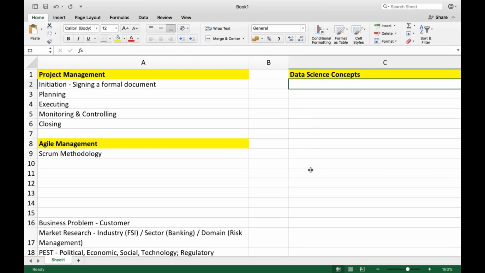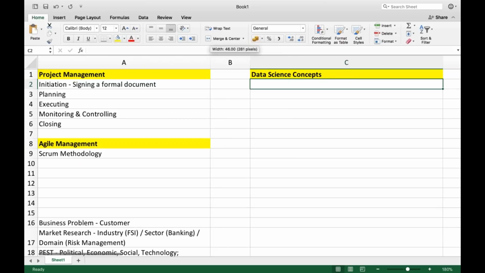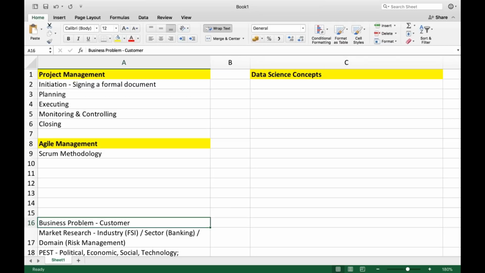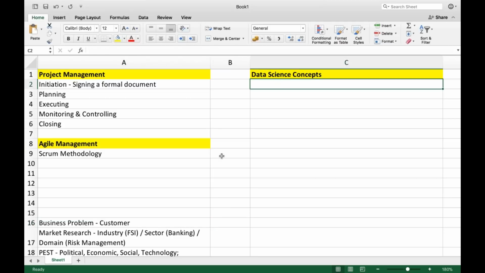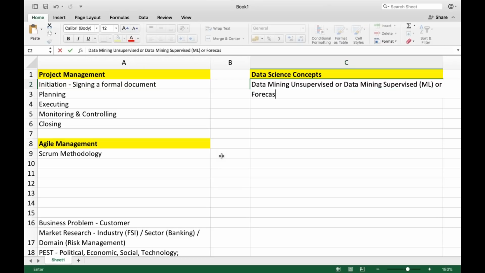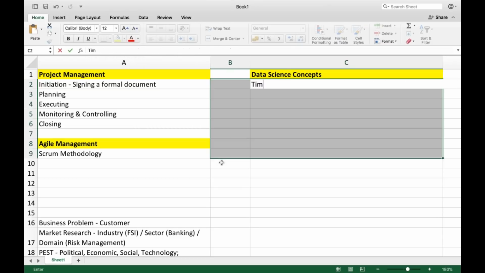Now the actual data science concepts start. Using the business problem itself, one thing should be clear: whether you will use data mining unsupervised learning techniques, or data mining supervised learning techniques, which are nothing but your machine learning concepts, or will you use forecasting or time series?